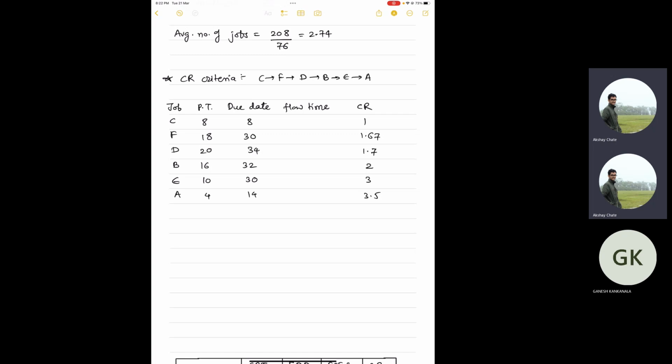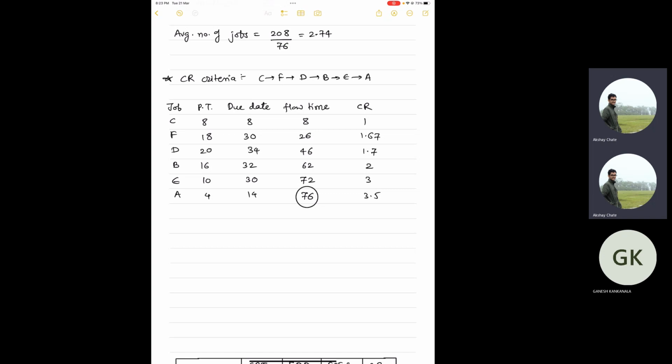So now flow time: 8, 18 plus 8 is 26, 46, 62, 72, 76. Again, see, this makespan is 76.